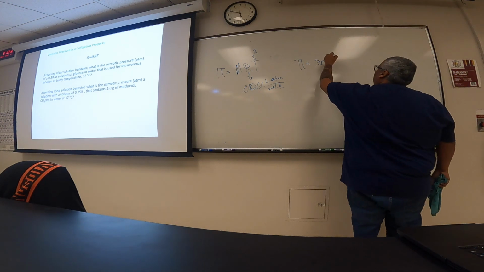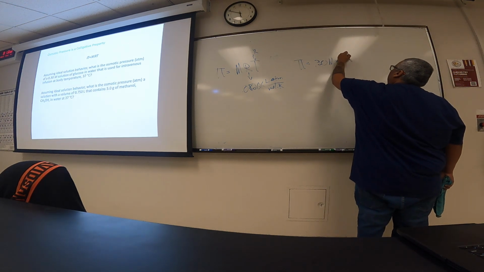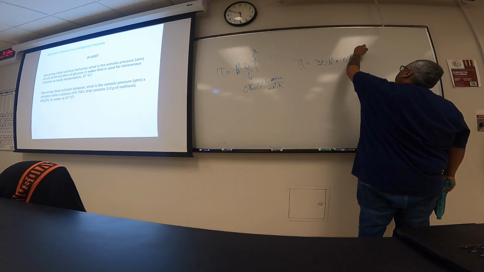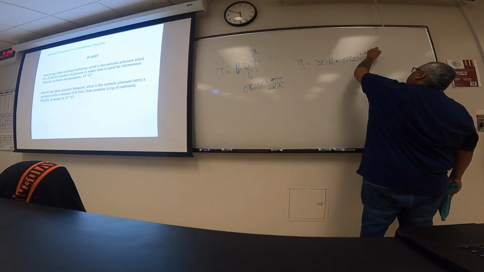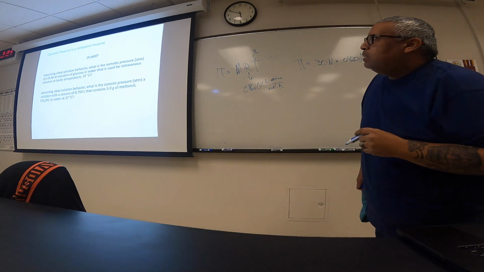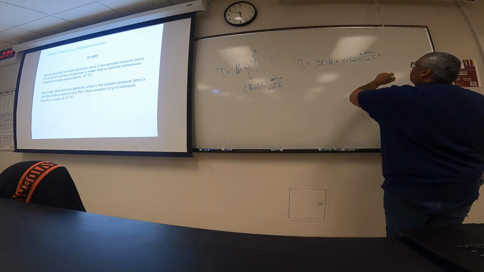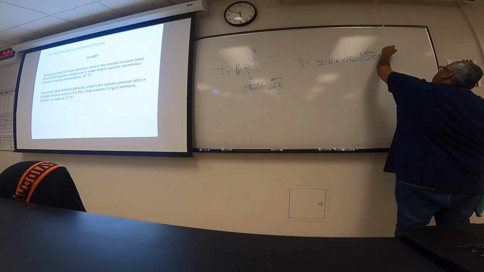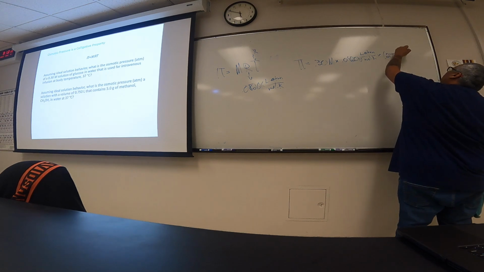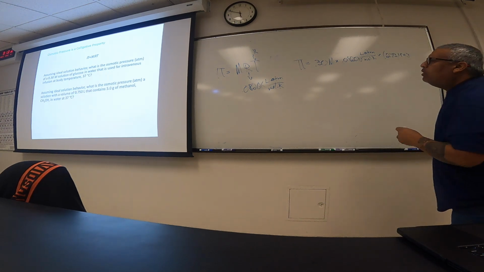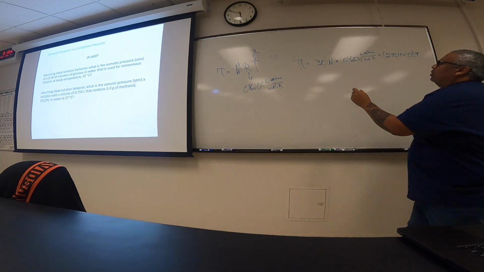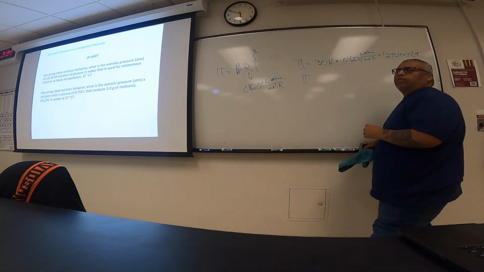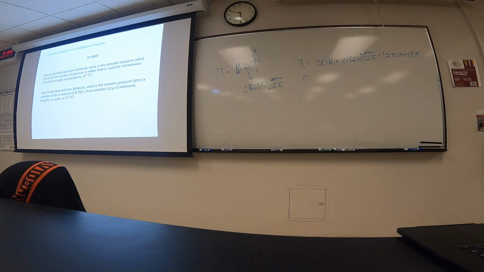We know what the gas constant is, 0.08206 liter atmospheres per mole Kelvin, times some temperature in Kelvin, 273.15 plus 37 degrees Celsius. So, not a bad calculation, as long as we know how to set that up. We should be able to set that up.